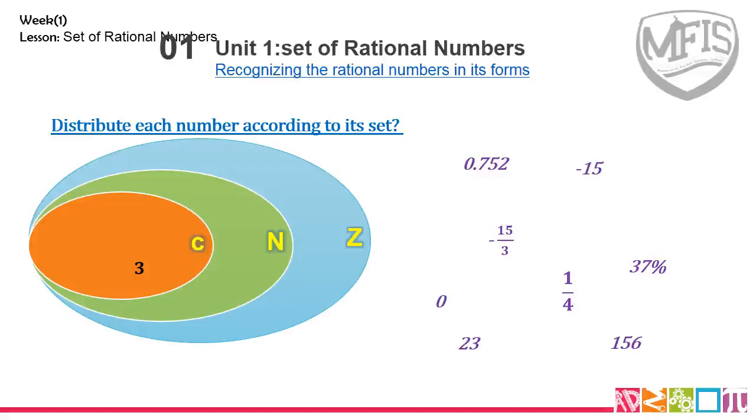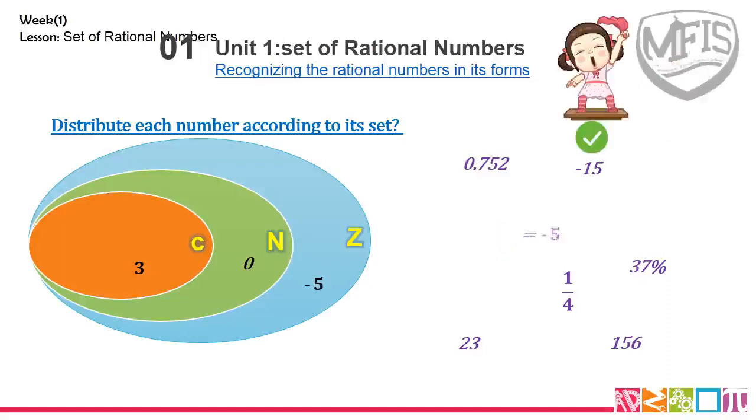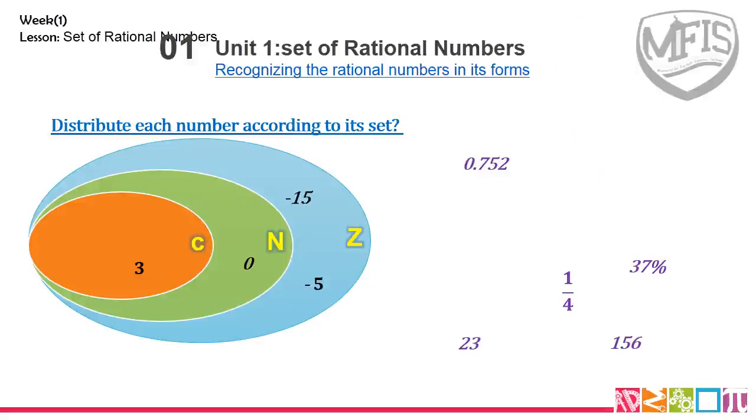Could you help me classify all those numbers among the 3 sets? Yes, okay. Let me begin from the first one. 21 over 7.